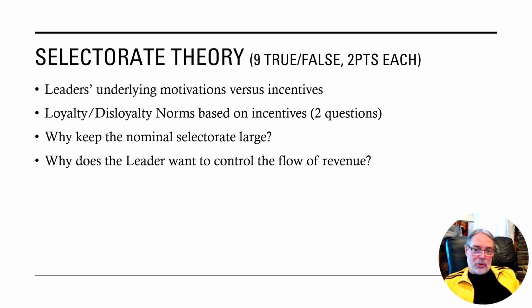But if they could control the flow for private benefits, that would be good too. And so the point is that one of the rules in the dictator's rules to govern by is that controlling the flow of revenue is good for staying in office, right? Because you can direct it to your supporters. Much more important in a small coalition regime or dictatorship than in a large coalition regime or democracy.